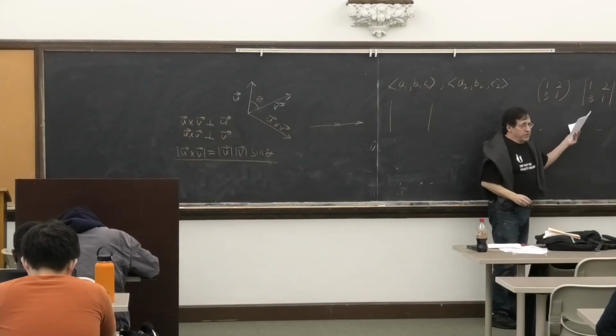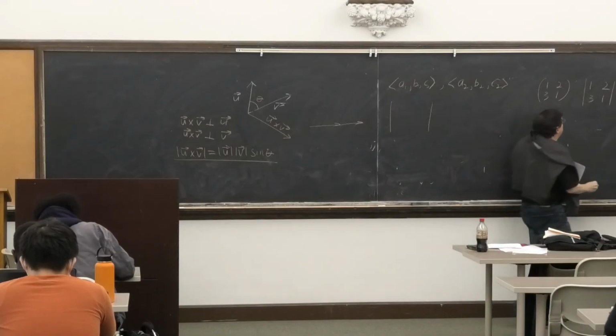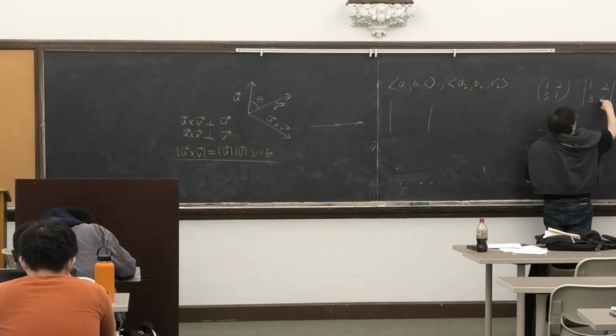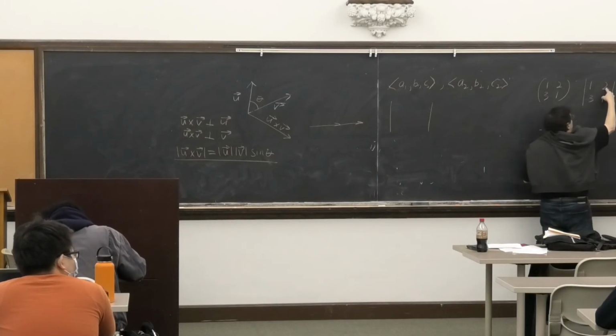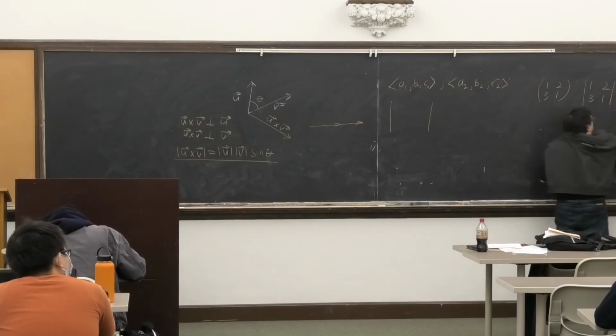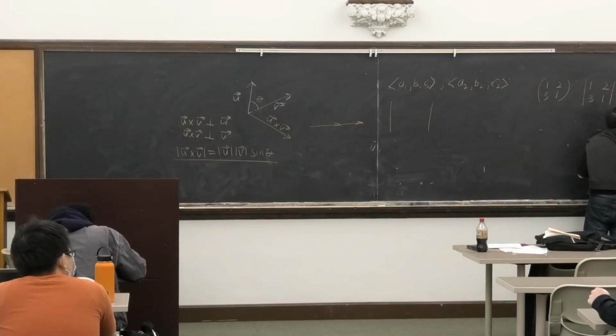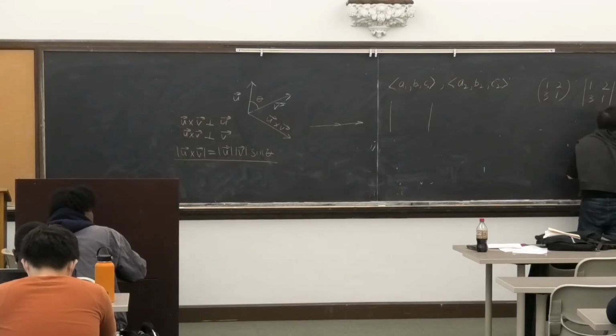And the way you calculate it for a 2x2 matrix is you multiply members on the diagonal, and then you subtract the numbers on the other diagonal. So the determinant here is 1 minus 6 is minus 5.